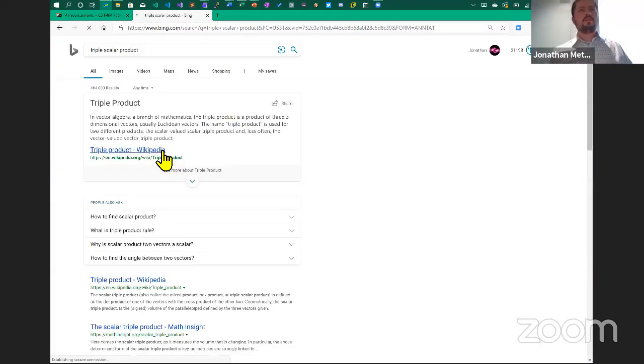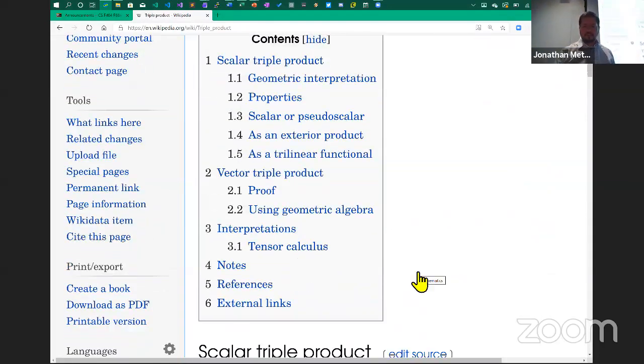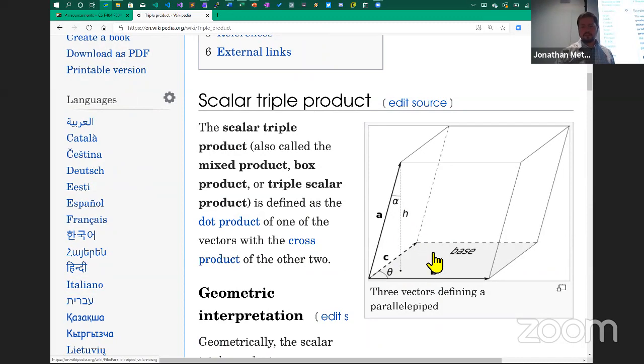What's cool about this particular product, and this is why I talked a little bit about geometric algebra, is that we have A, B, and C, and these form a parallelepiped.